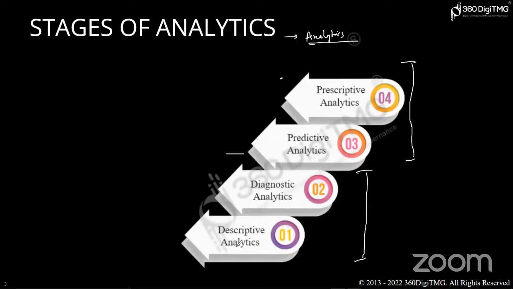First of all, we have descriptive statistics. This asks the question: what has happened till date? In this stage, we take the historical data till today and try to make sense of it.